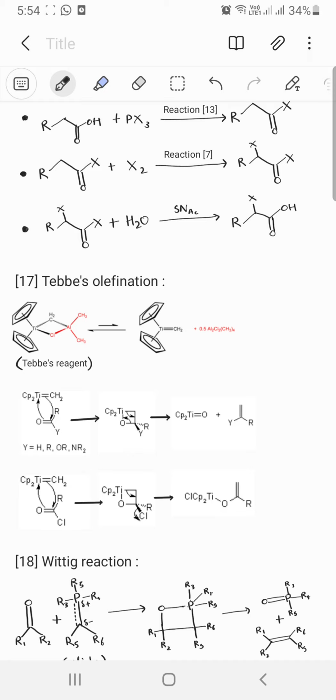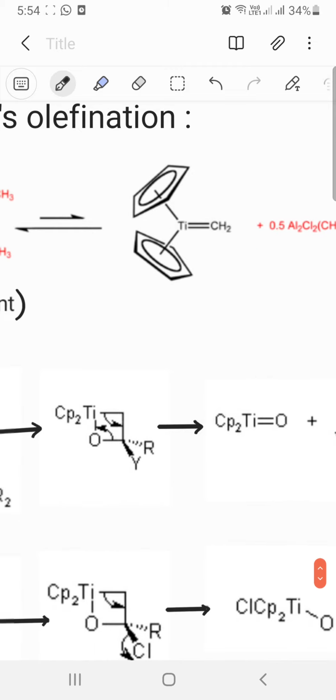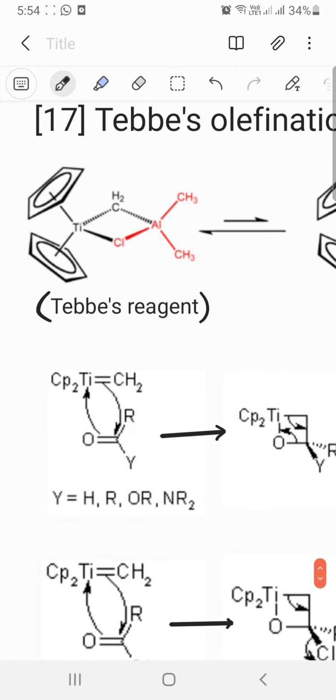That was very weird at first. So you have this thing, Tebbe's reagent, that creates this kind of, well, what do we call it? I don't know. It looks like an alkene, except that titanium is the one double bonded to that thing. Okay, and then after that, this is what's happening.